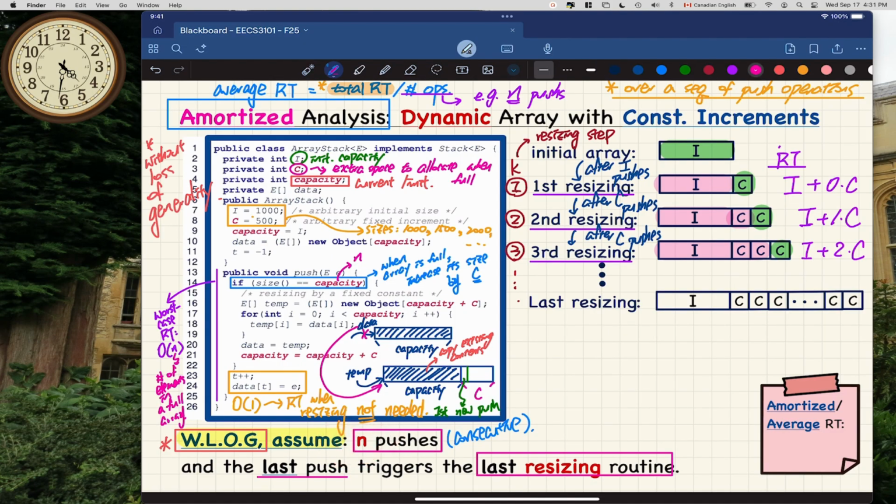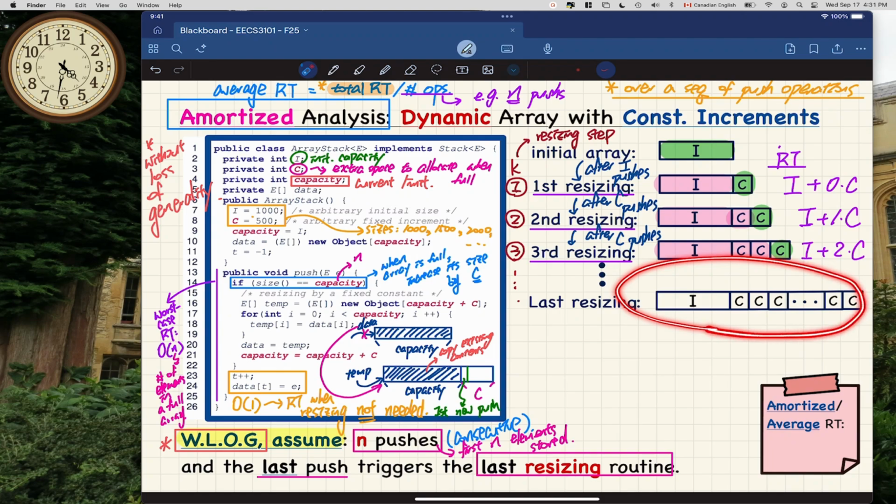This is very important. I want to go a little bit more slowly here. So after n pushes, that means the first n elements are stored in the array. After the very final step of resizing, which part should be free space?